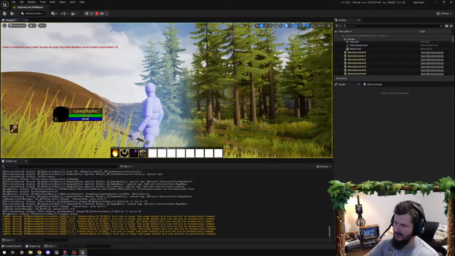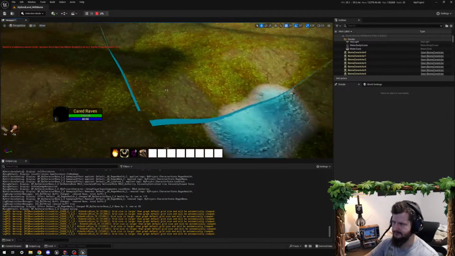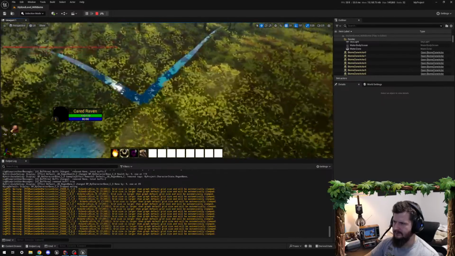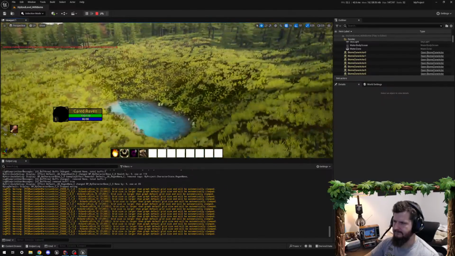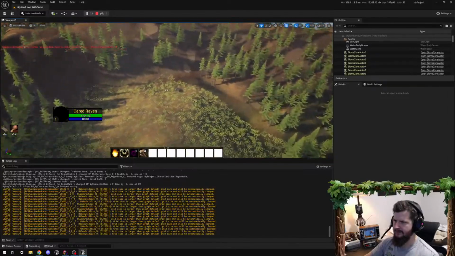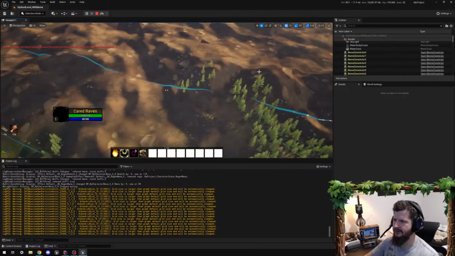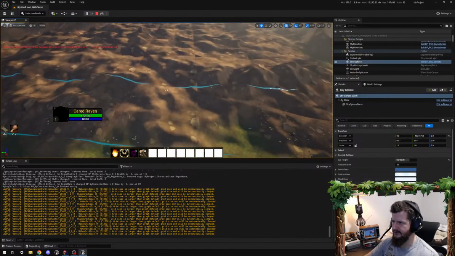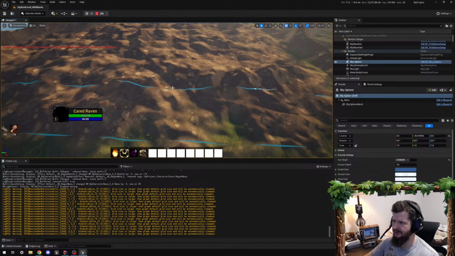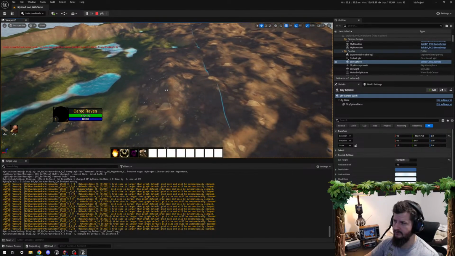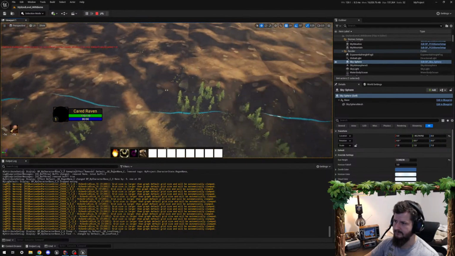There we go. Okay, so now we're back to the original problem. Now they seem to match up better in the cardinal directions than they do the ordinal directions. You'll notice with this one, it's closer once it gets towards the middle, once it gets closer to a cardinal direction. And these ones are almost perfectly fine in that direction.